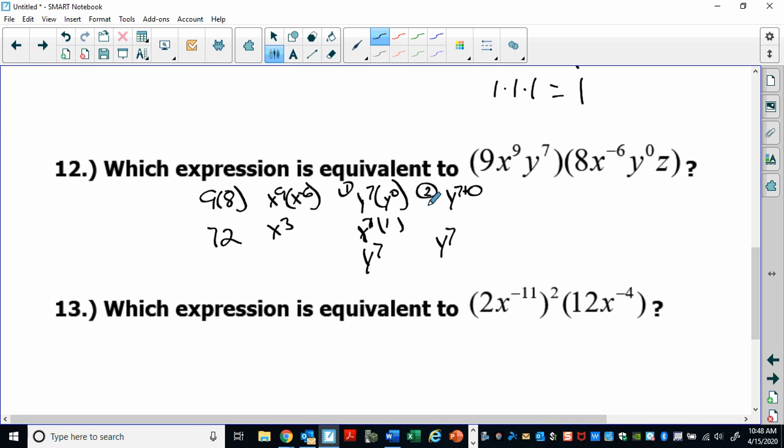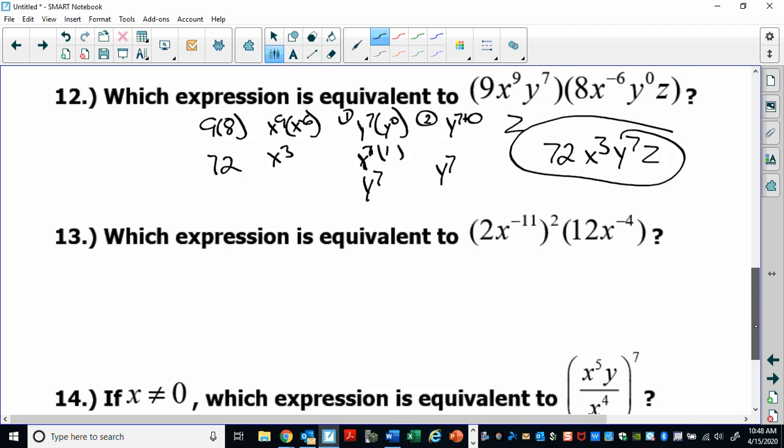Either way that you think about it in your head is fine. And then is there anything to multiply z by? Nope. So the z is just going to stay there, z to the 1st power. So we're going to have 72 x to the 3rd y to the 7th z. That would be our answer.